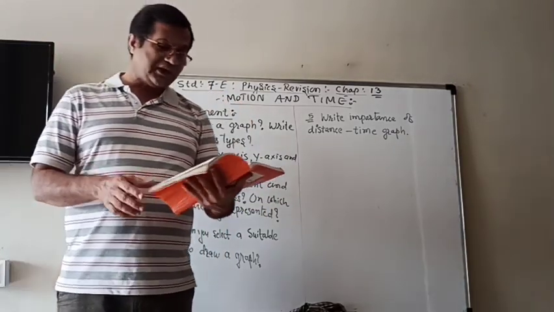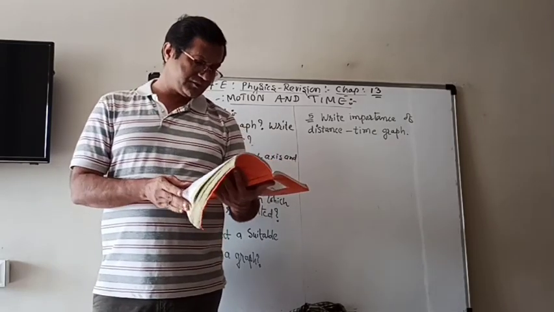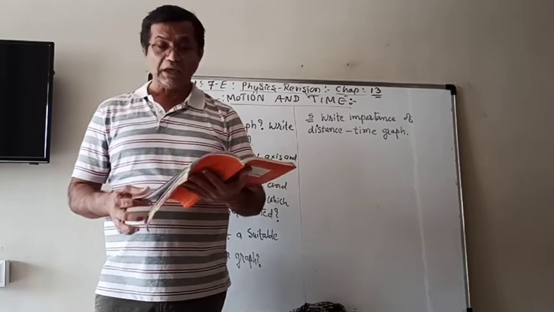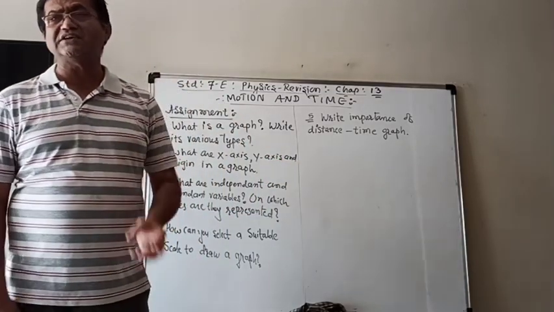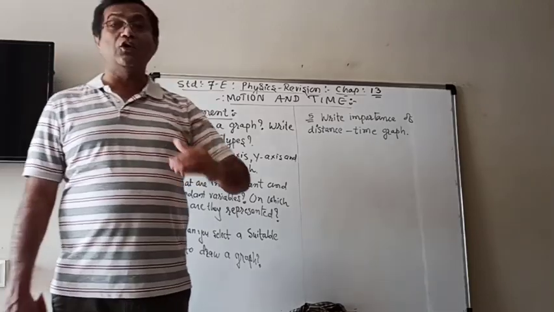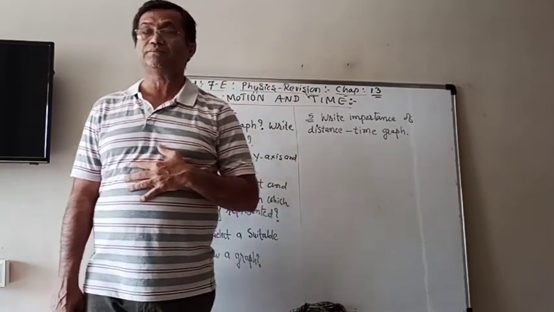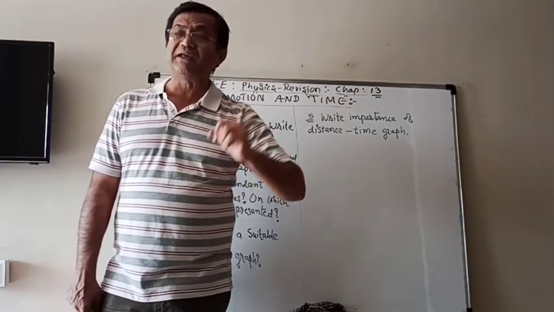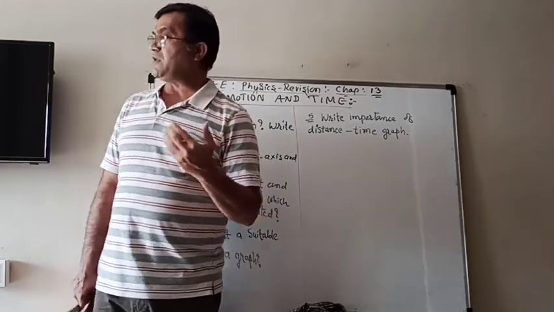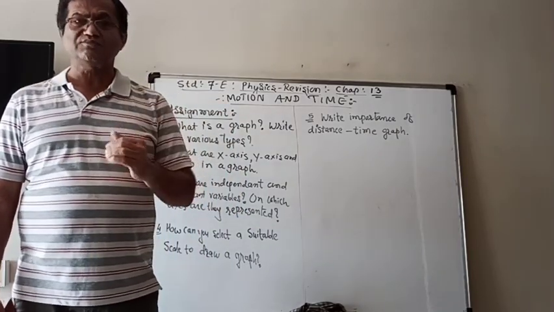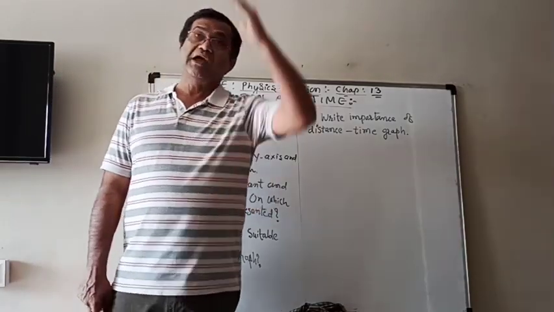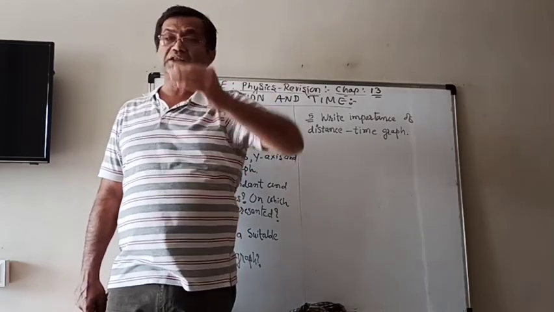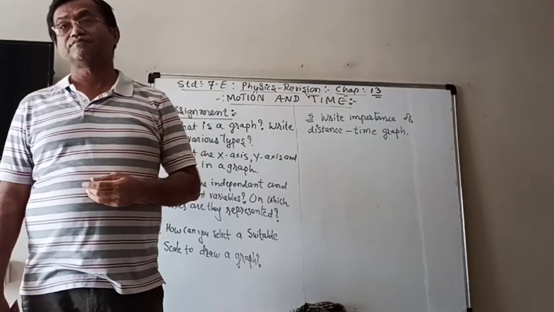Therefore we have to be very careful while we choose the proper scale. To choose the scale, the first thing required is the lowest and the highest value of the data. Check that, especially for the dependent variable. In the dependent variable, first check which is the smallest value and which is the largest value, so that we can accommodate the whole data.